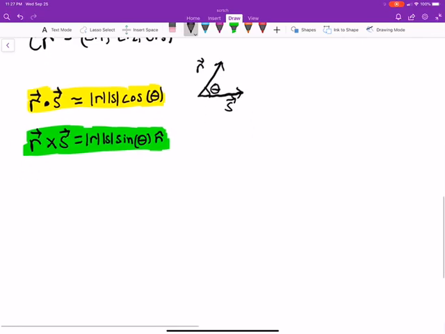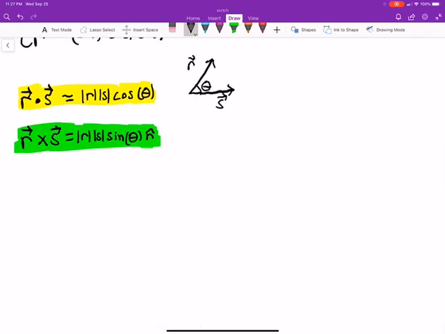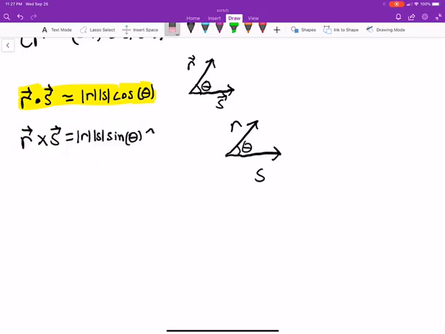Now, the way that works is, let's say we have vector r, vector s, here's our theta. Now this n vector right here is going to be perpendicular to both r and s.